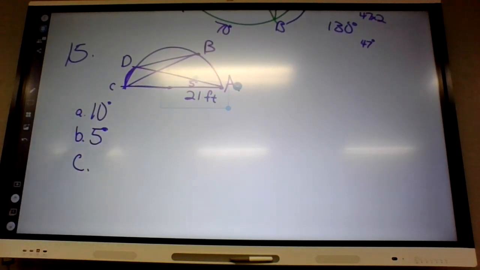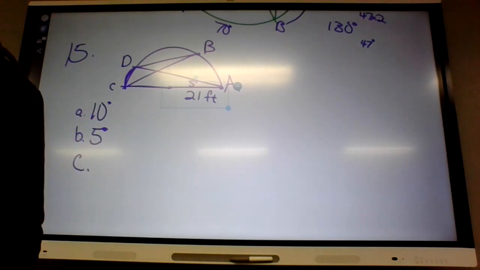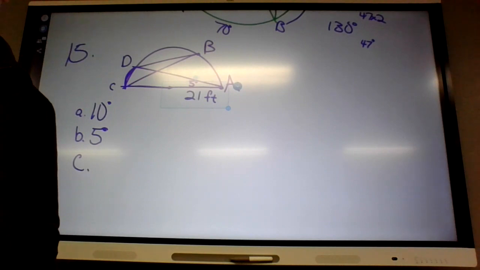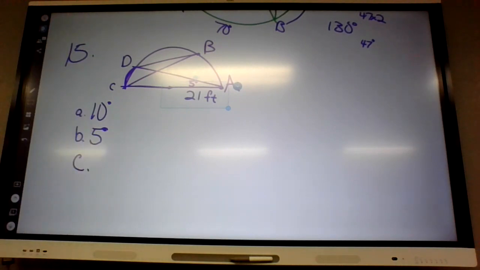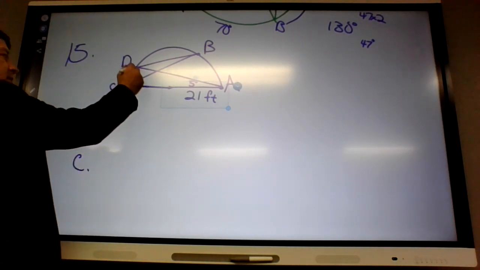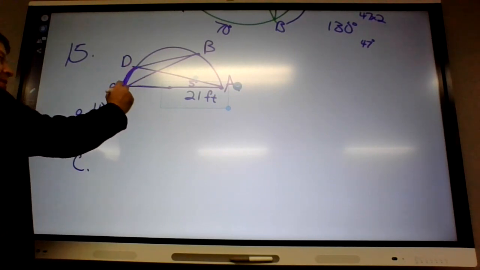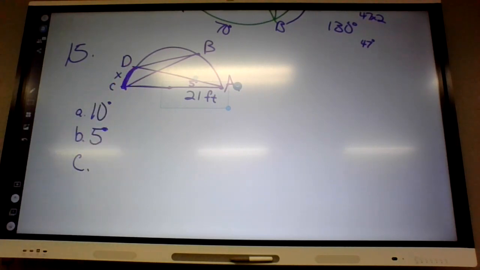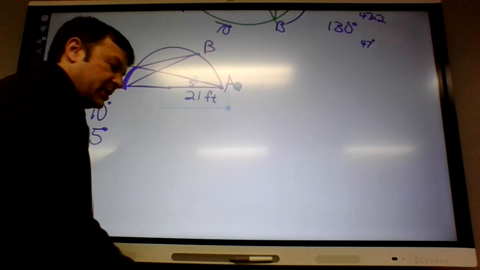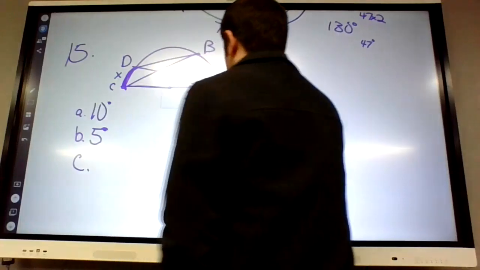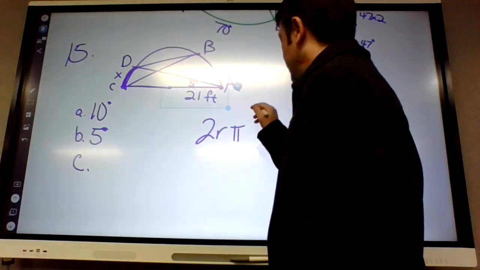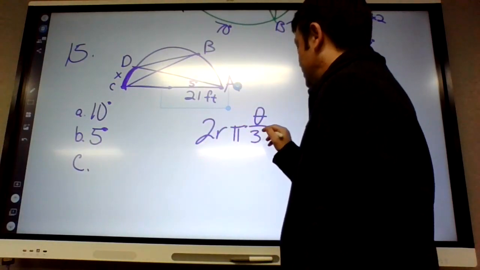Estimate the length of the stone intercepted by the angles, finding the length of arc CD. So in other words, they want us to find the arc length of CD. How long is it from there to there? All right, this actually is from yesterday. It's not the measurement anymore, not 10 degrees, but... What was the formula from yesterday for arc length? 2 pi radius times theta over 360.